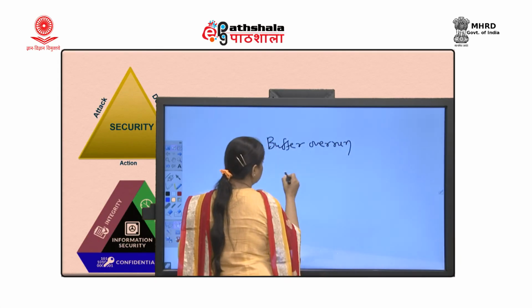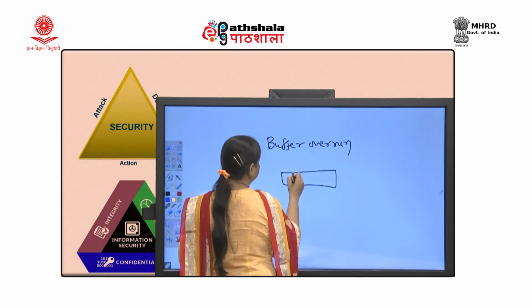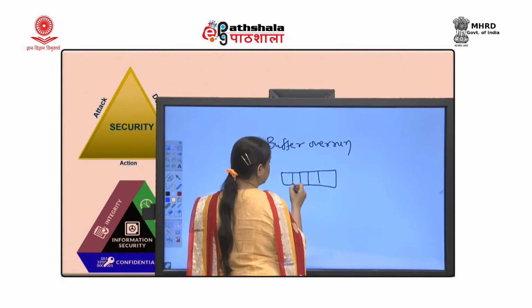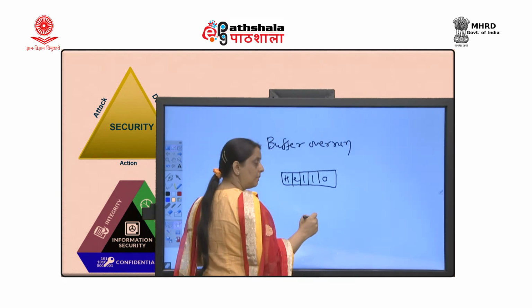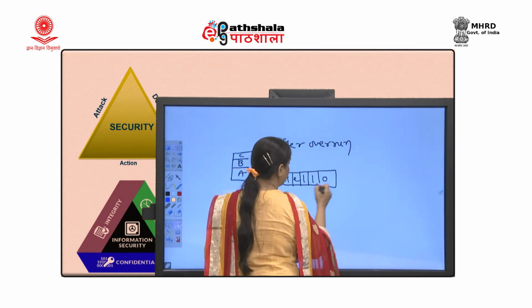So, how does it work if you have allocated a buffer of size 5, but you want to print hello and now you say hello Ahmedabad?